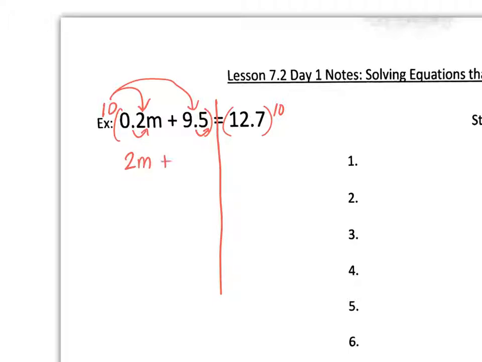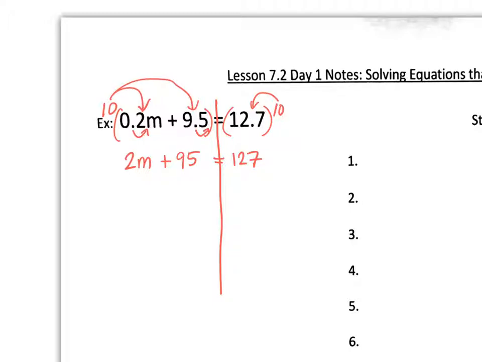Then plus 9.5 becomes 95. And then this 10 makes the decimal point move over one in 12.7, and we get 127.